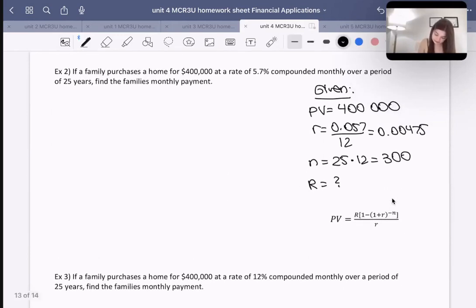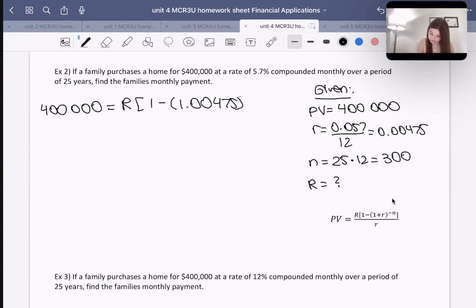So PV, 400,000 is equal to R, their regular payment, times 1 minus 1 plus R. So 1.00475 to the power of negative 300, which should be a square bracket, I suppose.